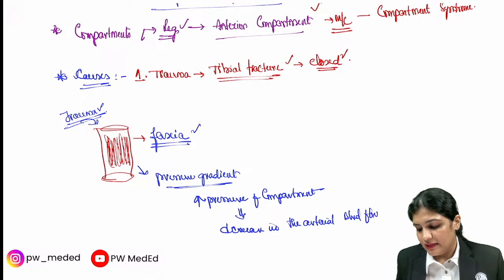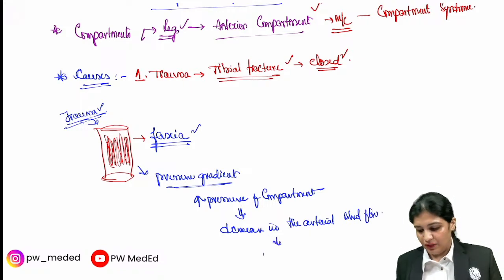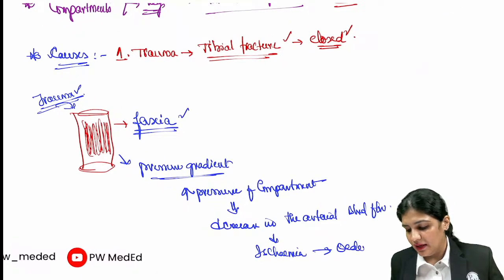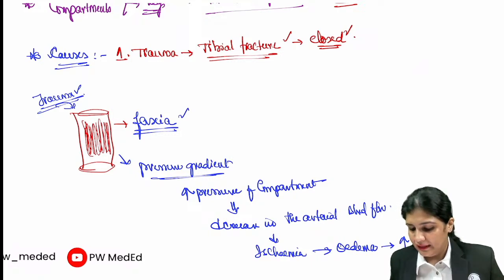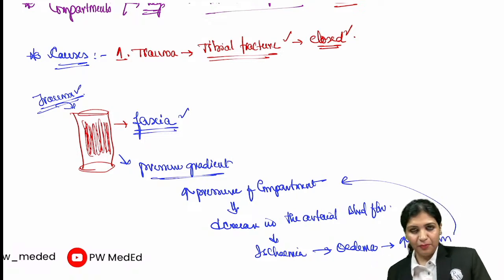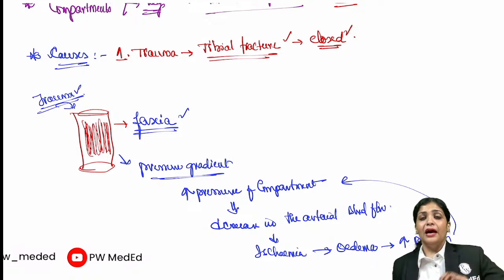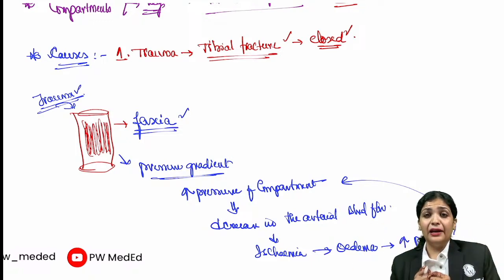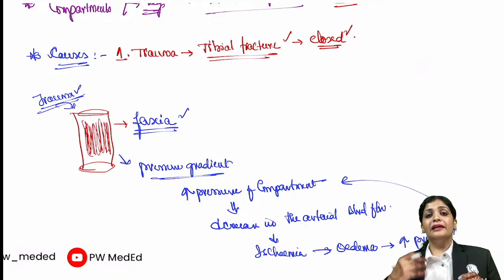Whenever there is a decrease in arterial blood flow, there will be ischemia of the muscles. This ischemia will again produce edema, and this edema will again increase the pressure. Again there will be a cycle. This is the important cycle which you have to remember in compartment syndrome. Because of this vicious cycle in the closed compartment, the muscles are prone to injury.